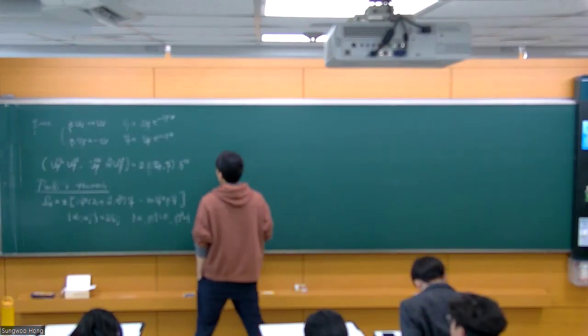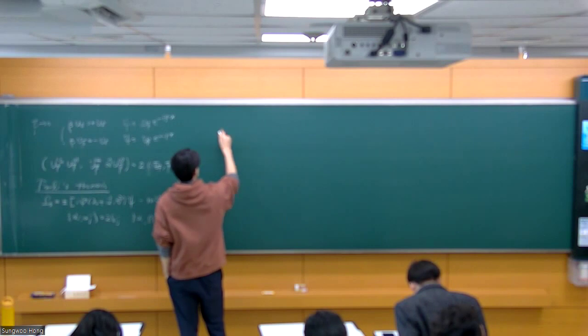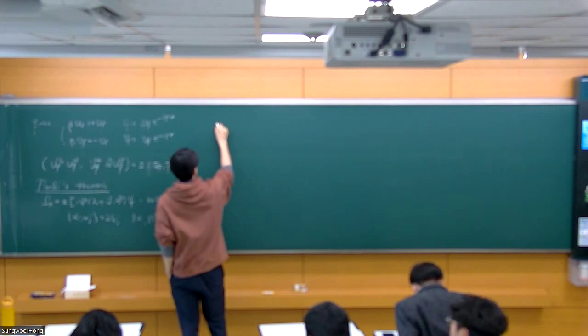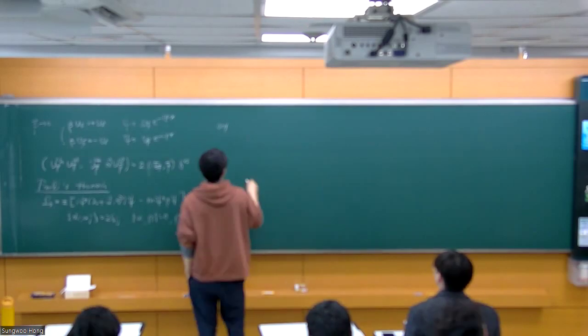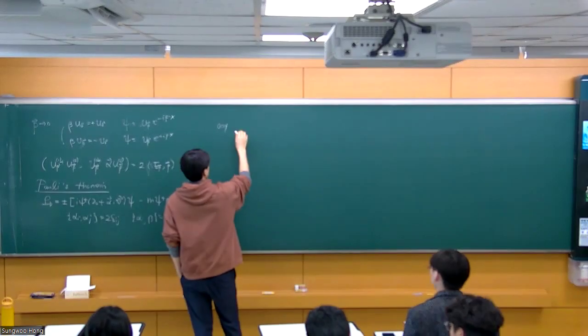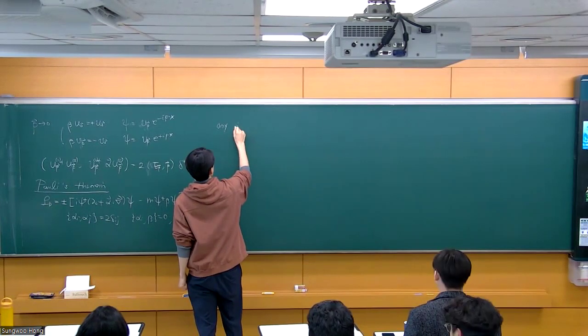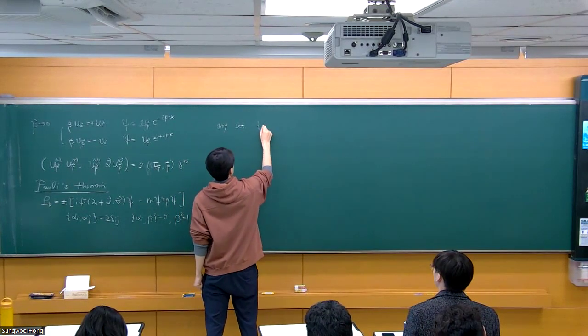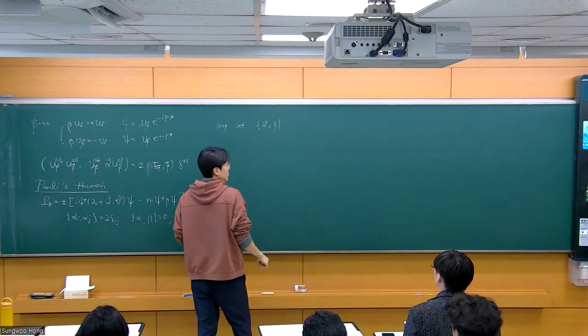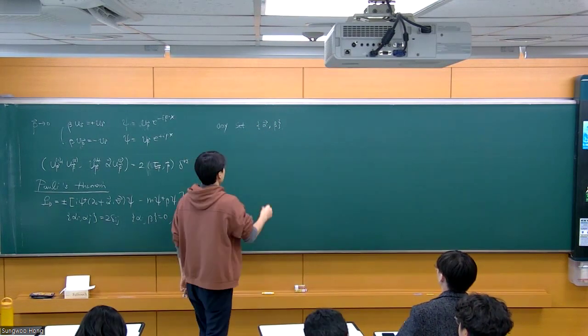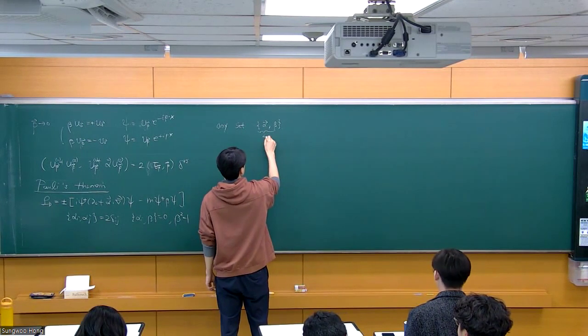So what was the statement? Since I wrote down a longer, more precise statement last time, I'm just going to state it slightly differently. For any set of alpha and beta, and again this is an anticommutator that I'm looking at, recall all of these are 4x4 matrices.